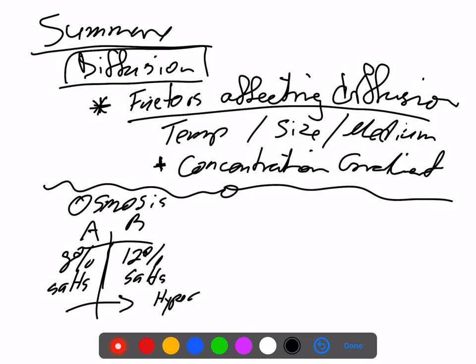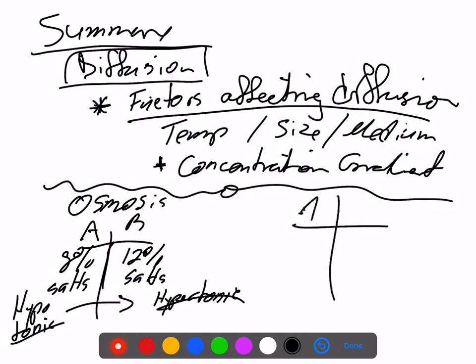This side gained the water, this side gains water pressure. This side lost the water, this side loses water pressure. So I need you to understand these terms, hypotonic and hypertonic. And the only time that you will see isotonic solutions is when both sides have the same amount of dissolved substances, like say 10% salt on that side and 10% salt on this side.